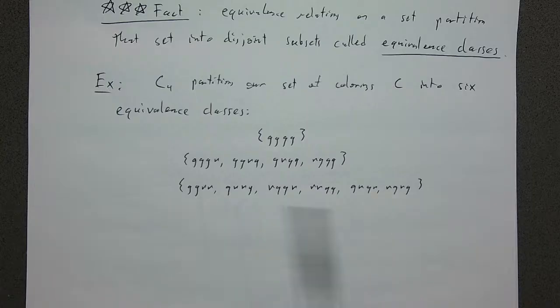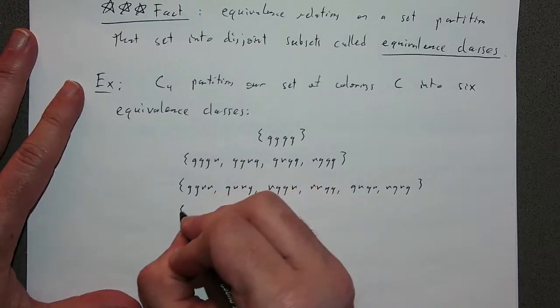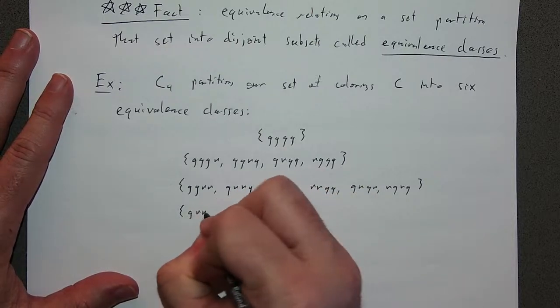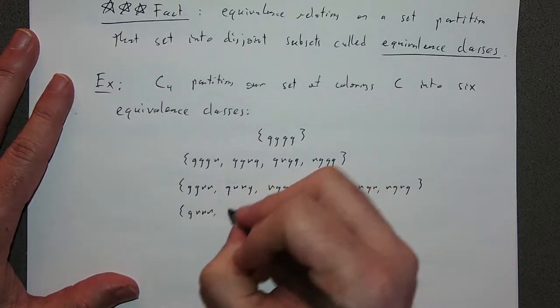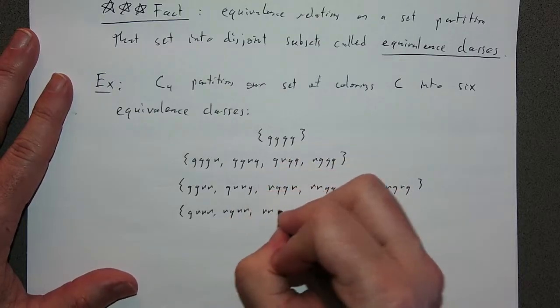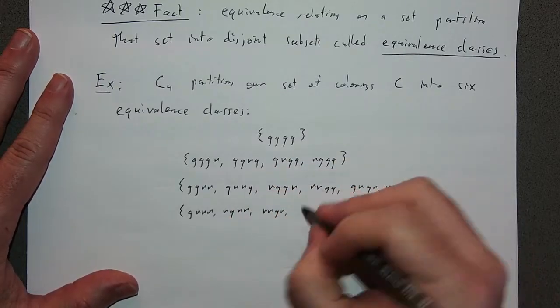These are all equivalent to each other. They're not equivalent to anything outside this class. Then there's 3 red, 1 green. So green, red, red, red. Red, green, red, red. Red, red, green, red. And red, red, red, green.